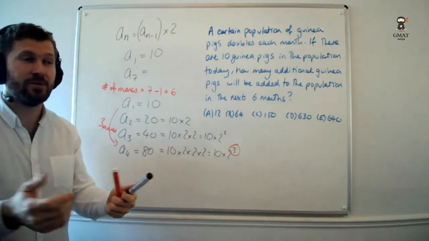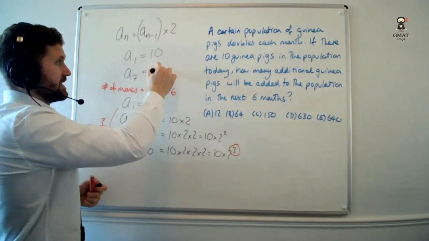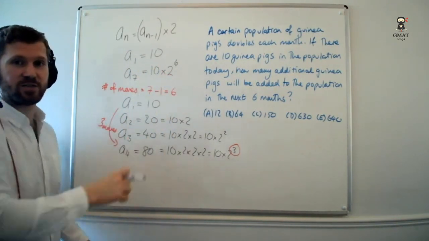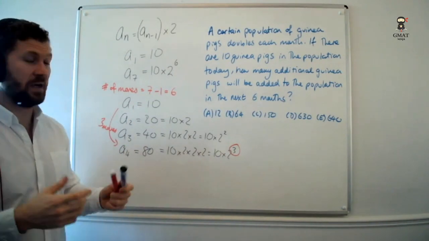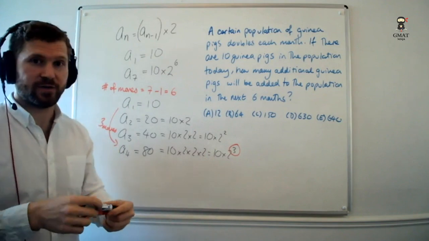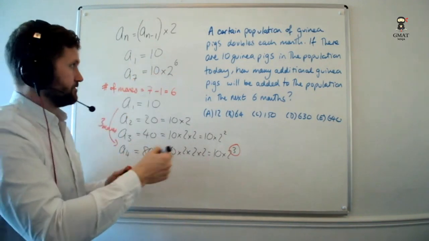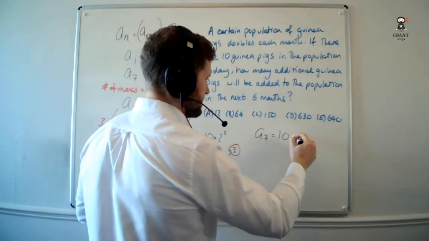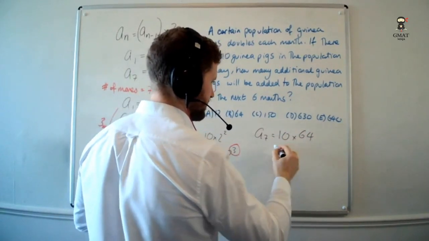I'm going to make 6 moves. This is going to be 10 times 2 to the power of 6. I get the 6 from the number of moves, and we can jump from our starting point to where we need to be very quickly. So the 7th term is 10 times 2 to the power of 6, which is 64.